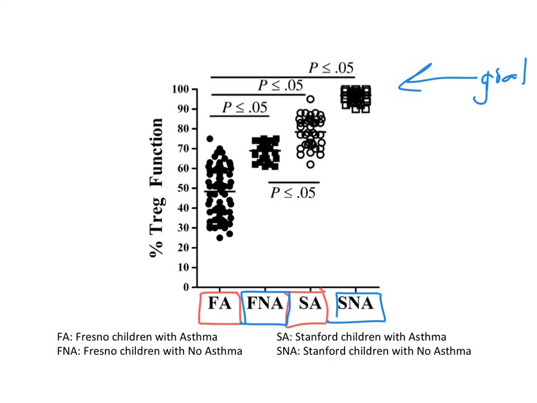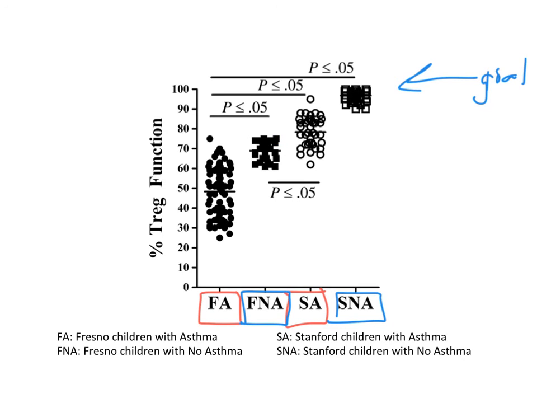Stanford kids that don't have asthma. So kids that don't live in the air pollution, that also don't have asthma, have really high functioning T regulatory cells. Okay, what group is next lowest? The Stanford kids that have asthma have better functioning T regulatory cells than the Fresno kids that don't have asthma, a little bit.